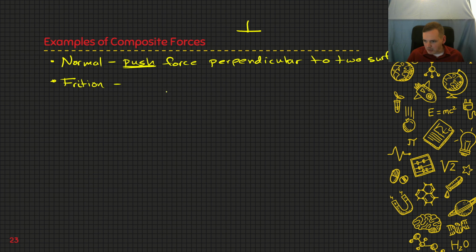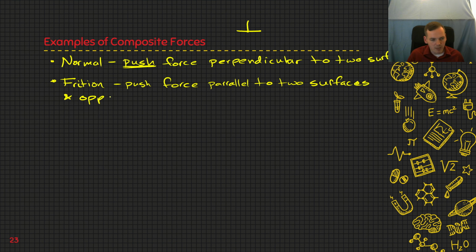This is also sort of a push force that acts parallel to two surfaces and opposes their relative motion. And we'll talk about all of these forces in greater detail later.